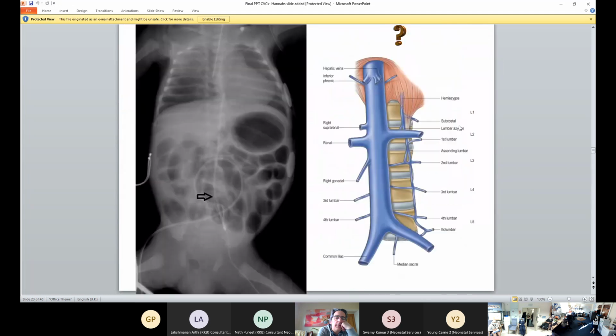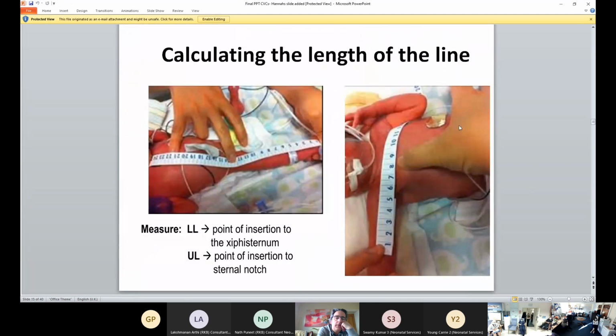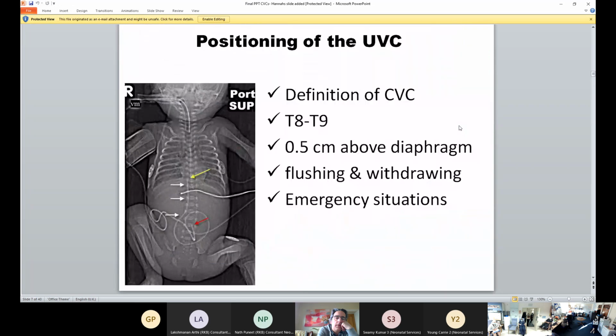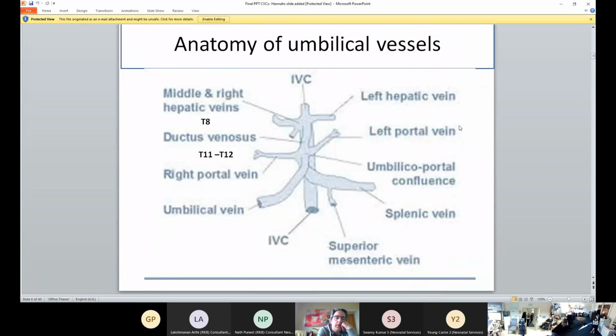Just to go back to the anatomy of the UVC, that's exactly what happened. The line has gone this way and then coiled at this area and then passed down through the portal vein.